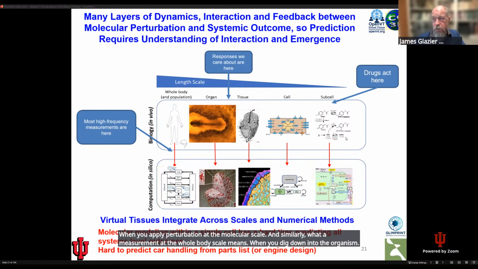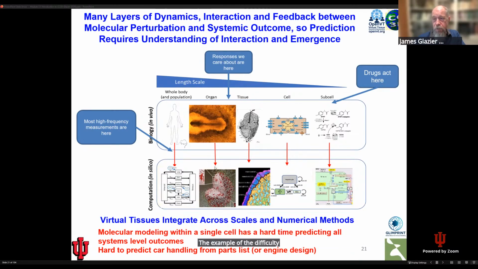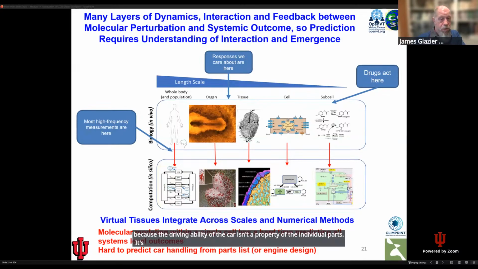The example of the difficulty of extrapolating from molecule up is the classic one, which is if I give you a pile of car parts or a list of car parts, and I ask you how is the car to drive, you're not going to be able to tell me, because the driving ability of the car isn't a property of the individual parts, it's a property of the system as a whole.